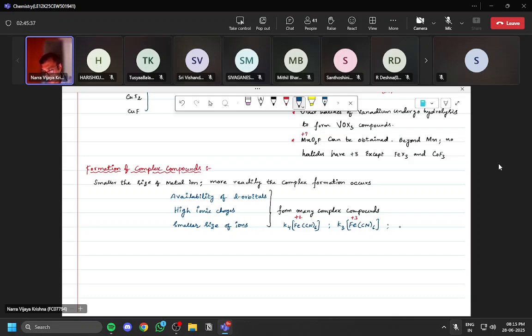Next, nickel tetracarbonyl, Ni(CO)4. Where have we seen this? Mond's process. Then Fe(CO)5, metal carbonyls. What is the oxidation state of metals in metal carbonyls? 0. Then the Mn(H2O)4 complex.